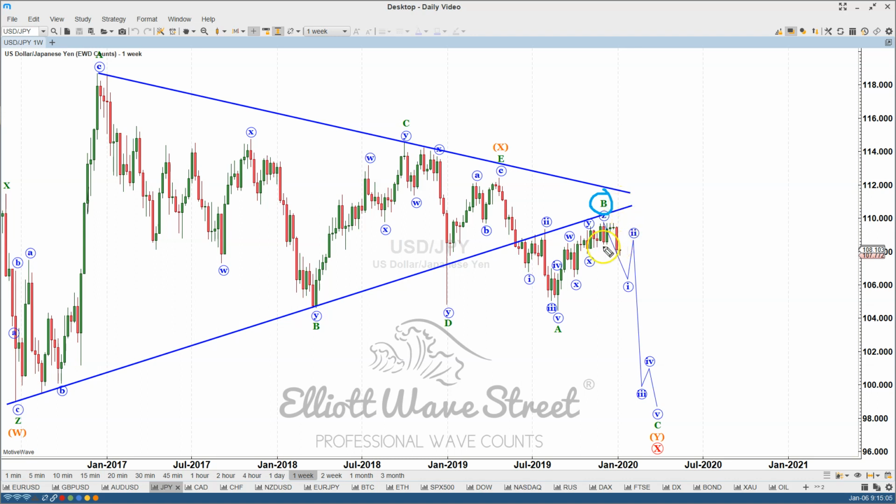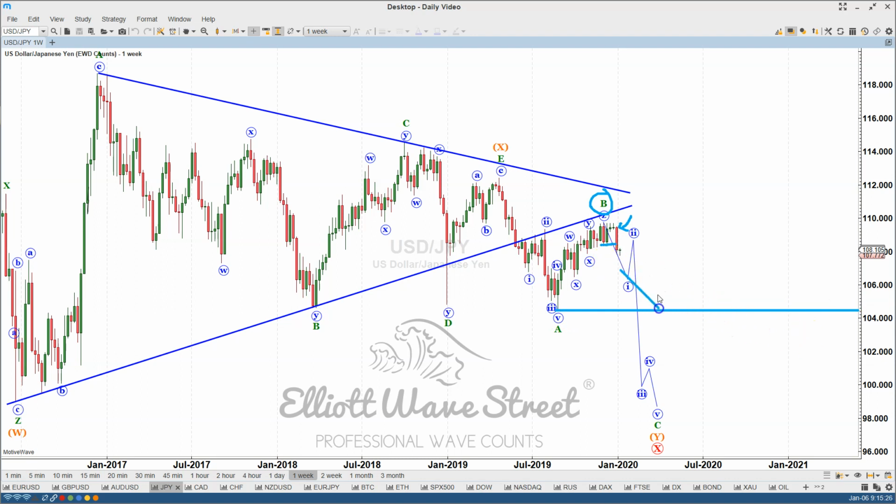Last week we have a pretty big red candle. This candle confirms that the cycle up is done and the price is ready to start falling. Our next destination on the weekly chart on the longer term is the 104.50 area.